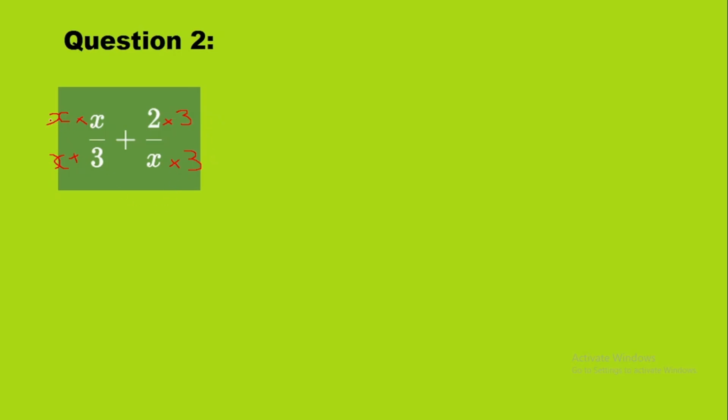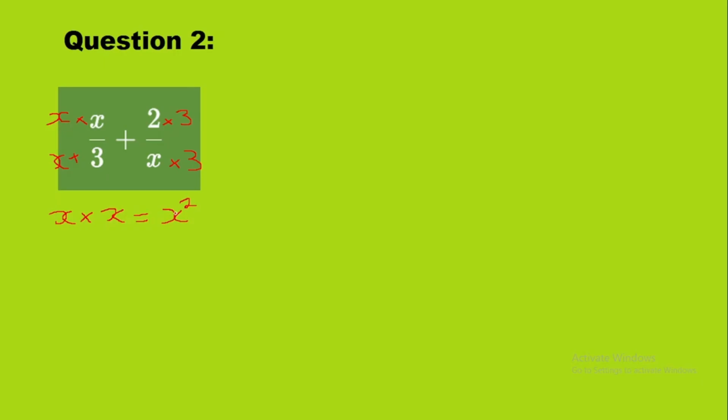So what is x times x? Well, x times x is equal to x squared.